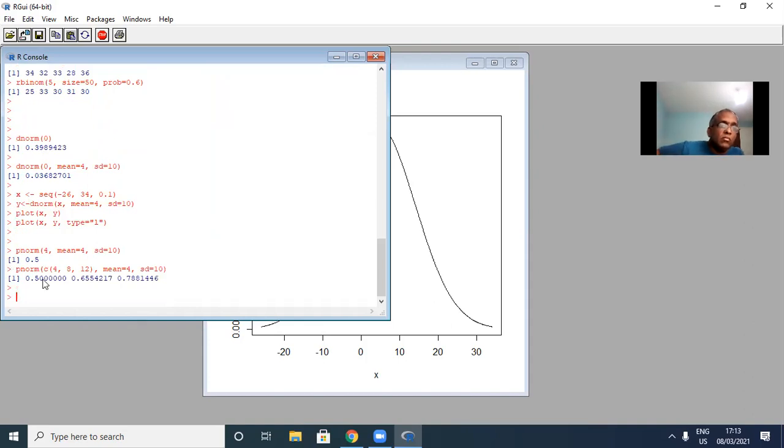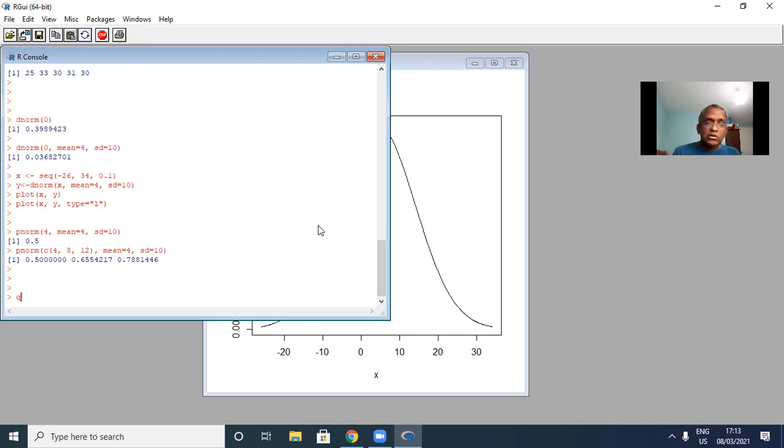So there are 3 probabilities here: the probability x less than or equal to 4, the probability x less than or equal to 8, and the probability that x less than or equal to 12, where x is a normal variable with mean 4 and standard deviation 10.